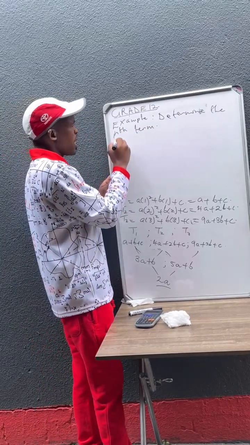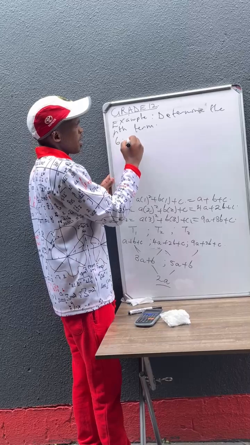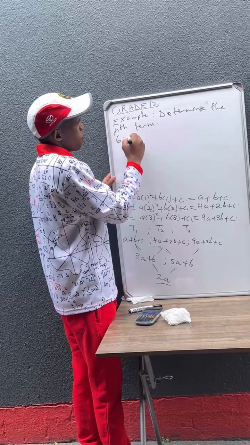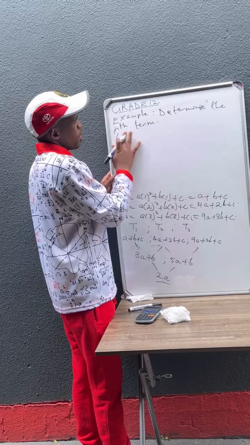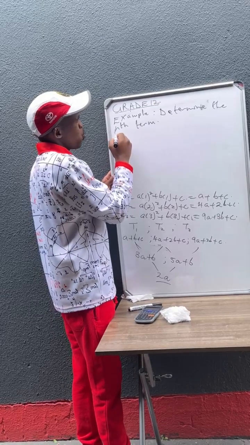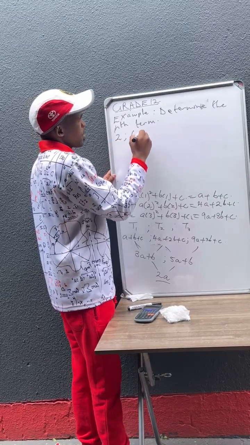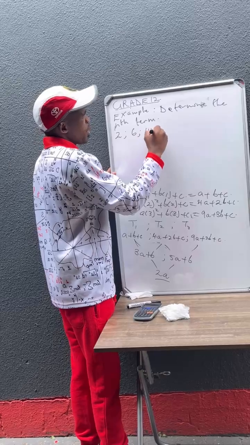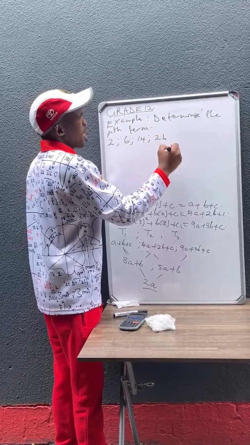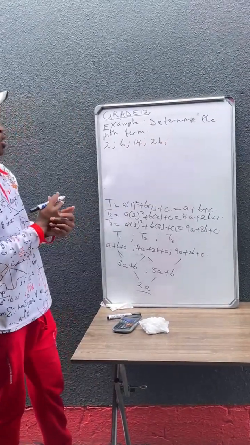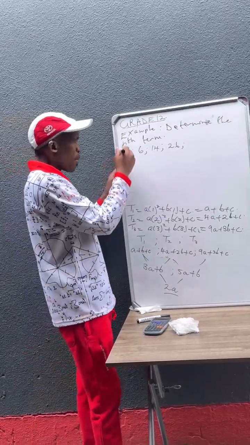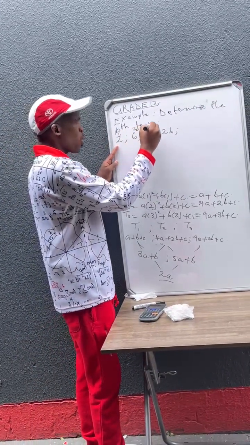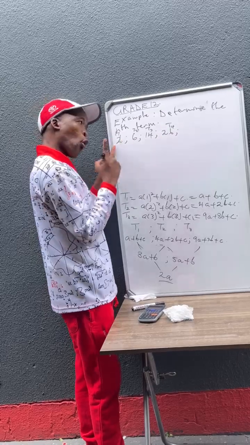And let's say you have got 2, 6, maybe 14, then maybe 26, something like that. So the same thing, I want the nth term. This is term number 1, term number 2, term number 3, term number 4.